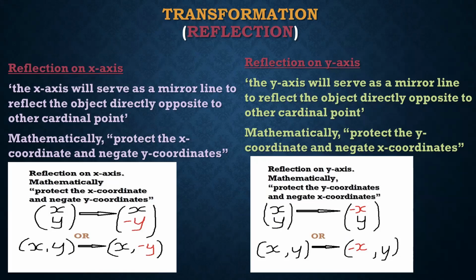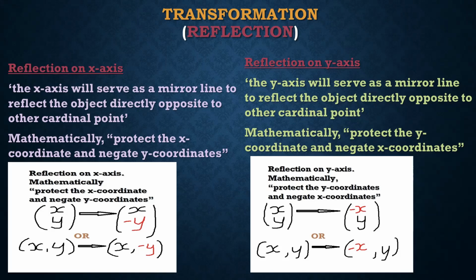The change can transfer from the northeast to northwest, or southeast to southwest, or southeast to northeast, or northeast to southwest. So an object can be relocated within these four cardinal points due to the transformation, and we have components responsible for moving this object from one cardinal point to another.